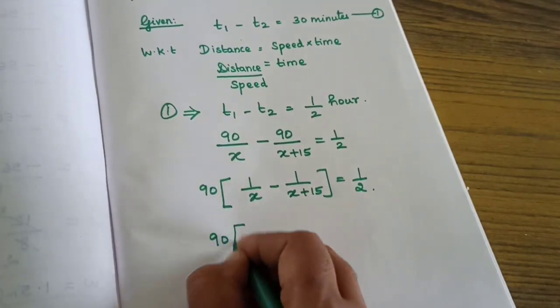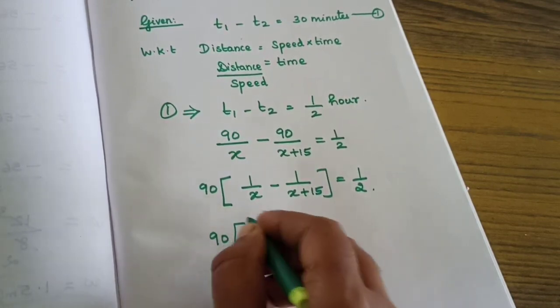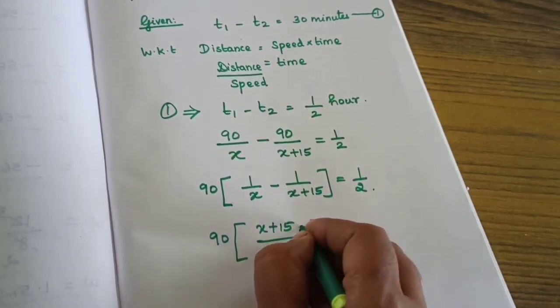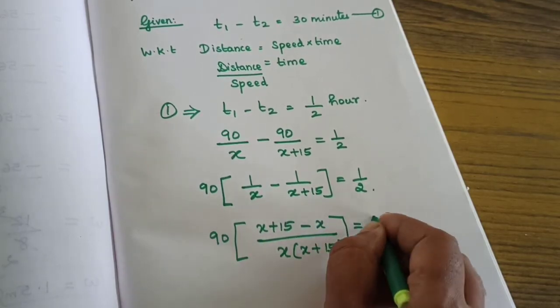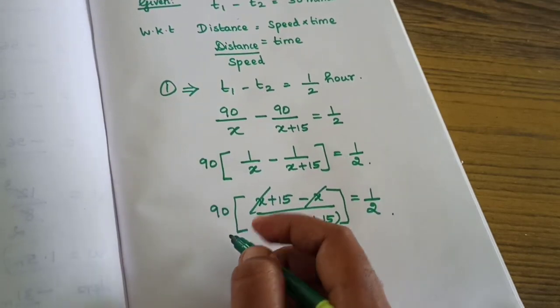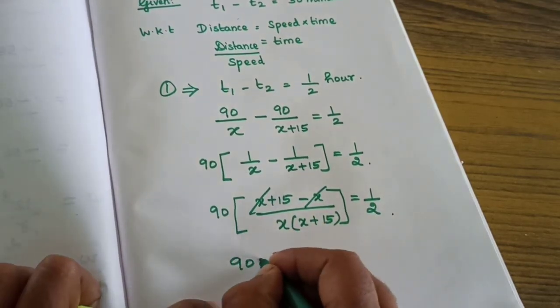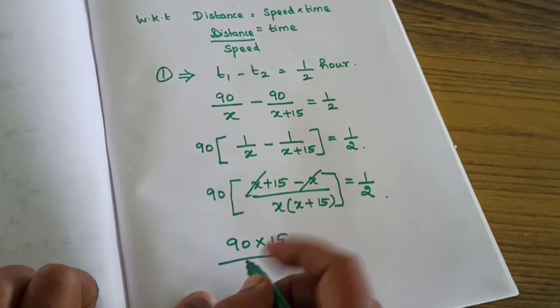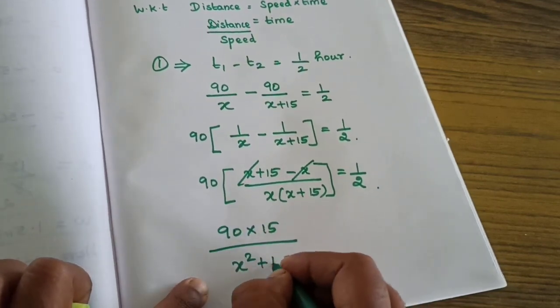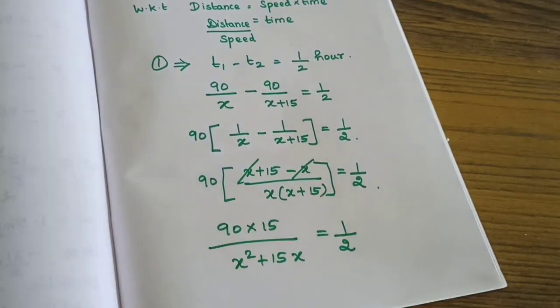Now take the LCM. So x into x plus 15 is the LCM. Now cross multiply: x plus 15 minus x, which is equal to 1 by 2. Now x and minus x get cancelled. After that, 90 into 15 divided by x square plus 15x equal to 1 by 2.